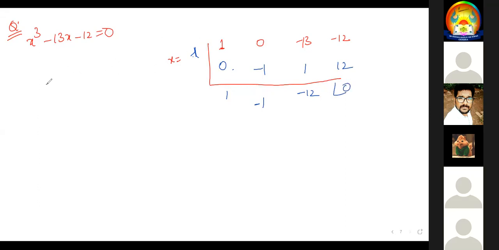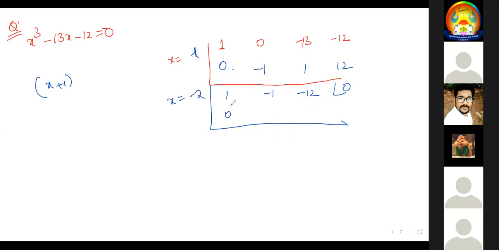So minus 1 gives x plus 1 as a factor. Now again, no need to verify 1 and 2, as they are not satisfying. Minus 1 we have to start. 1, minus 1s are minus 1, minus 2. Minus 2 minus 1s are 2. It's not 0, so minus 1 is not satisfying.